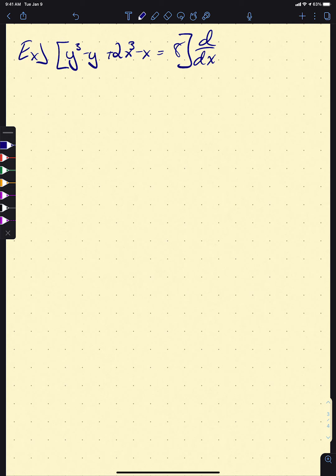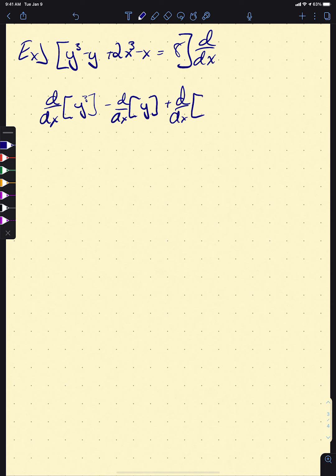And so as we look at this, this derivative is going to break over the sum. So we're going to get the derivative with respect to x of y cubed minus the derivative with respect to x of y plus, and I'll write just this as 2x cubed minus x because we know how to take that derivative, and then the derivative of 8 is 0.